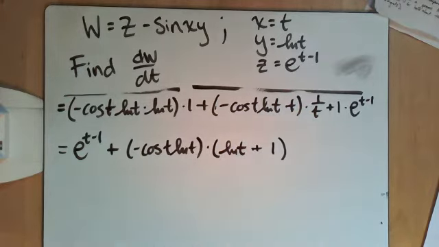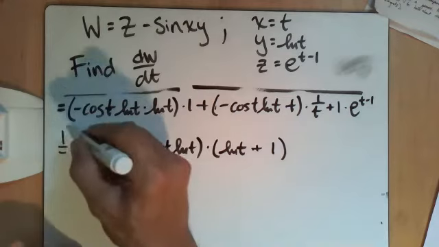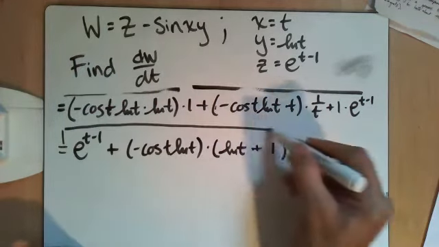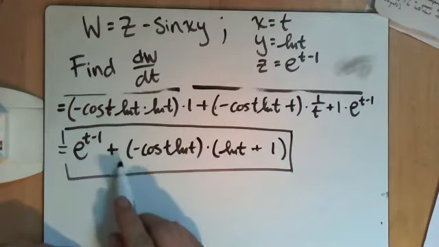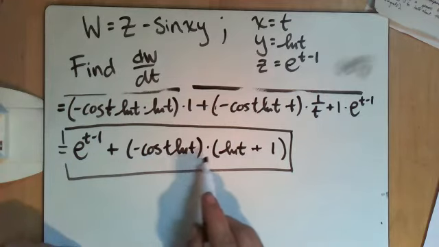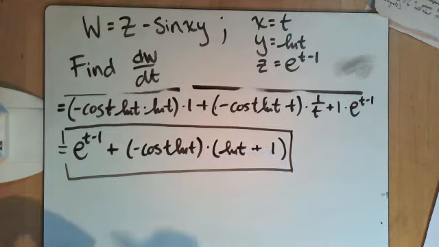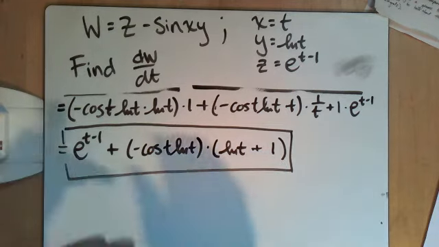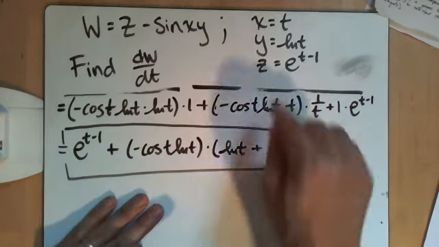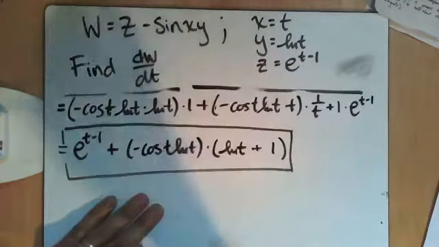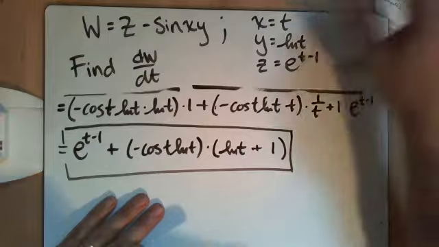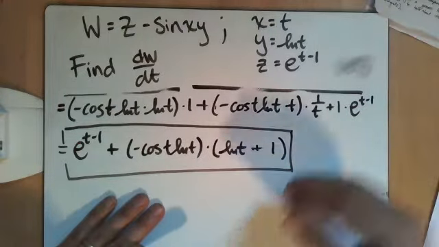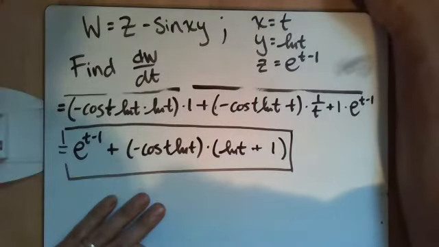So this is my final answer. This derivative dw dt is equal to e to the t minus 1 plus negative cosine t log t times log t plus 1. That's one way. Now what I need to do is plug all of these things in and then differentiate directly with respect to t. Let me erase to give myself some room, and then we'll do that.